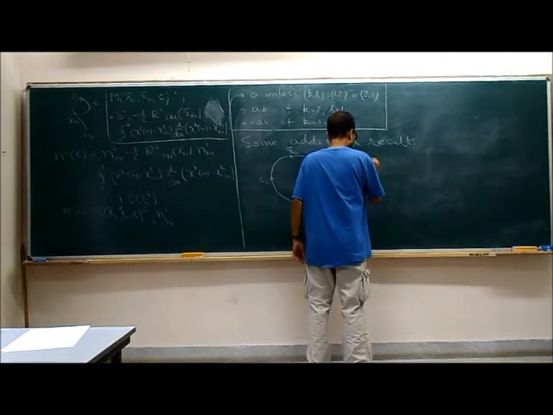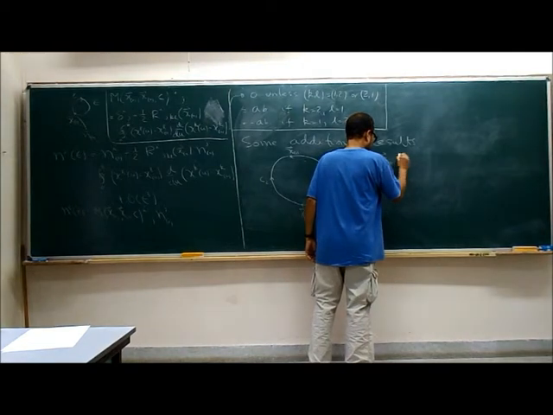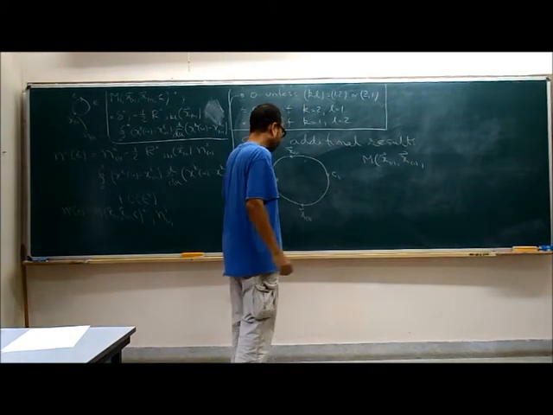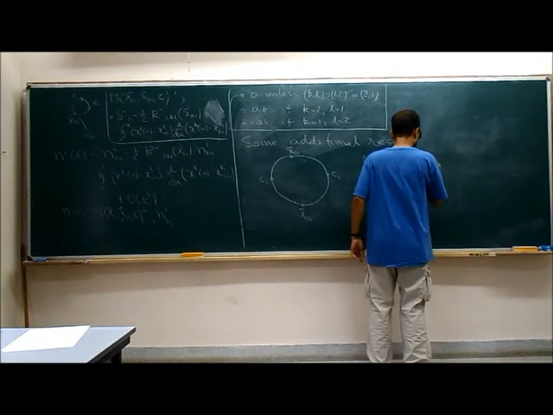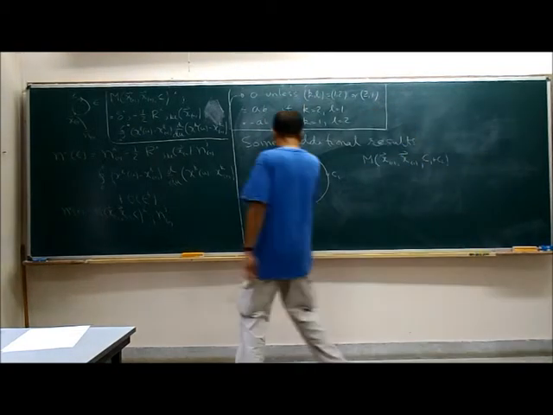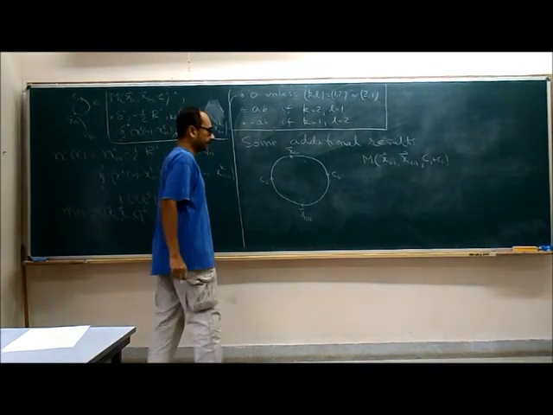So in one case you are calculating, let's say, M x1 x1, and then you go along C1 plus C2. See, I have drawn the arrow in this direction, so C2 by definition is this direction.